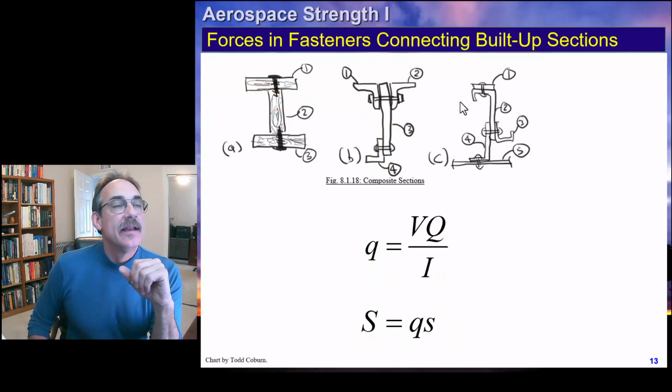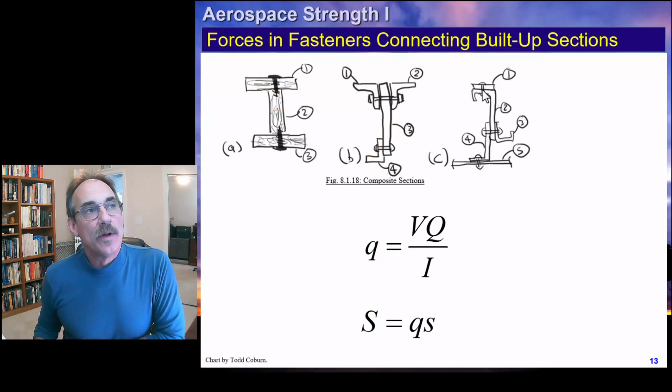Okay? Now on this other one, let's say we want to know what the force is per fastener, per upper splice fastener. That means we're going to calculate the Q of this. First we need to find the centroid of the section. Let's just imagine it's there. That means for this one, that y we're going to need for that Q calculation is from the middle of that down to here.